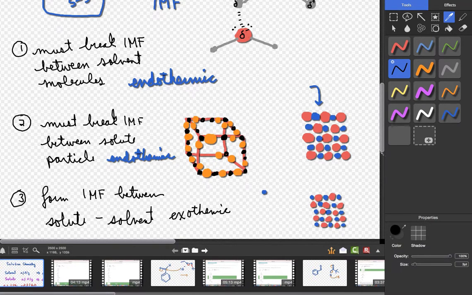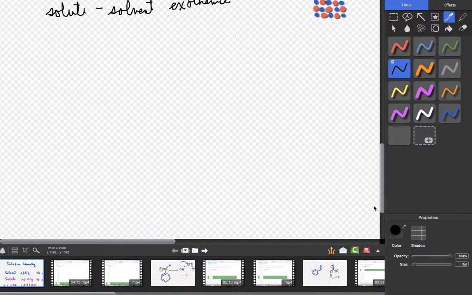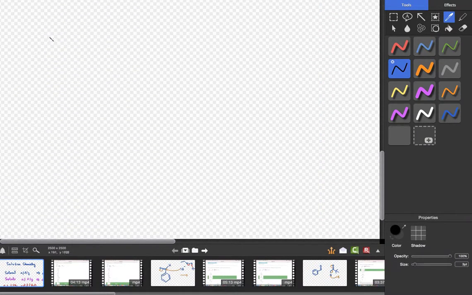Most solids, when I dissolve them in water, will dissolve in an endothermic process. So what that means is NaCl, which by the way is only very slightly endothermic, will absorb heat from the surroundings.